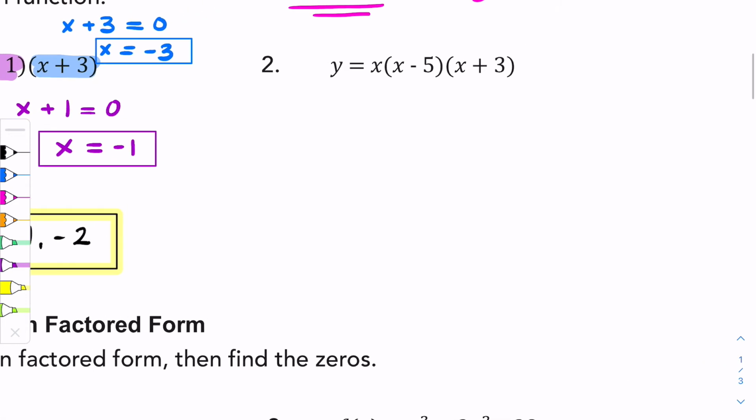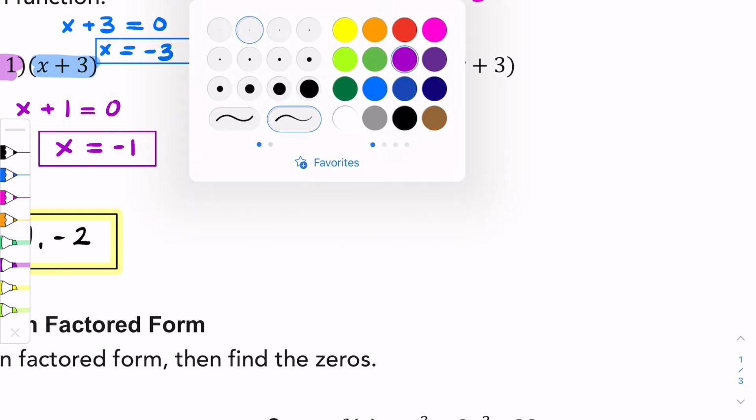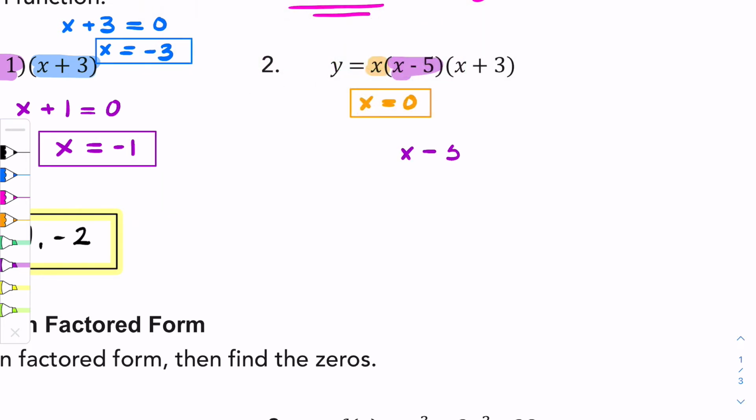For number 2, we have y equals x times x minus 5 times x plus 3. We need to set each factor with a variable equal to 0. We're going to start with our variable of x. If we set x equal to 0, that's all we can do. That is our solution: x equals 0. Next, we can set x minus 5 equal to 0, and our solution would be x equals positive 5.